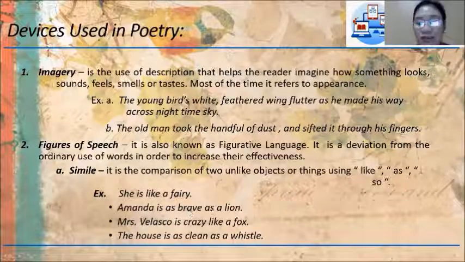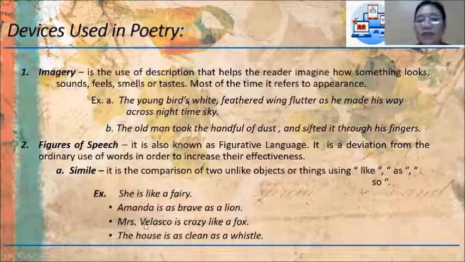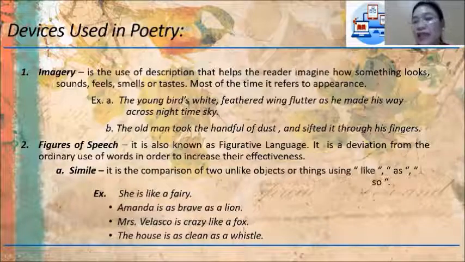Amanda is as brave as a lion. Now, Amanda and the lion are being compared for their bravery, using as. So as brave as a lion is a simile. And then Mrs. Velasco is crazy like a fox.